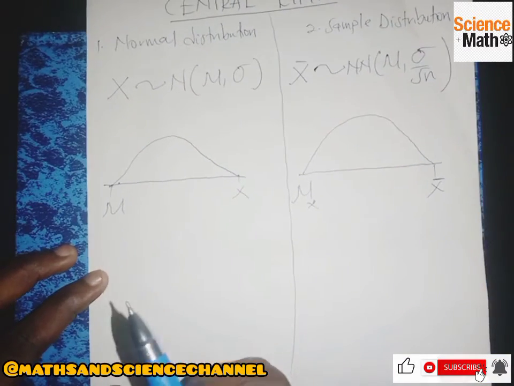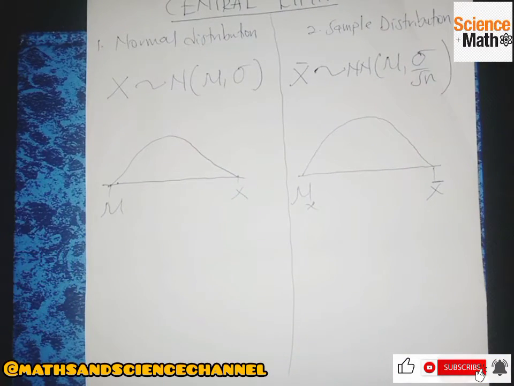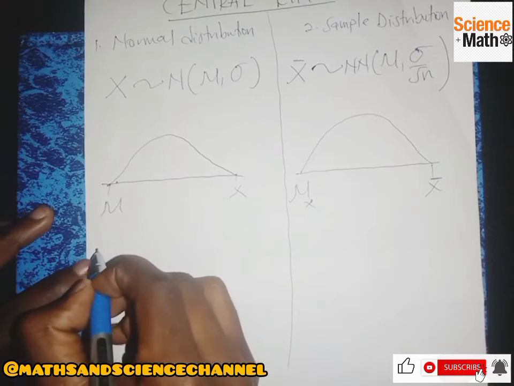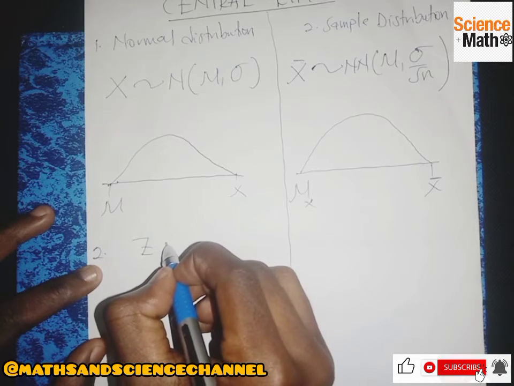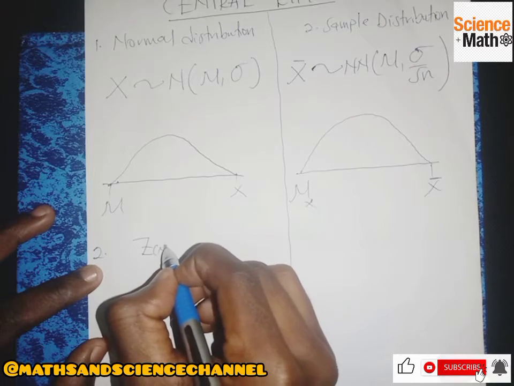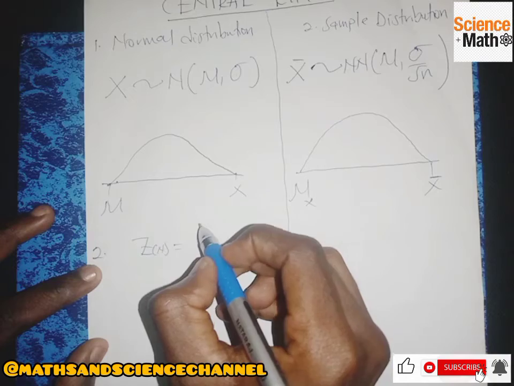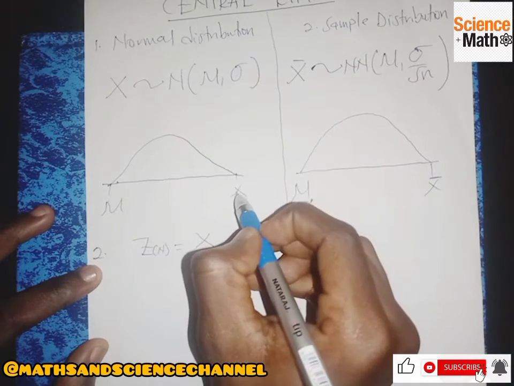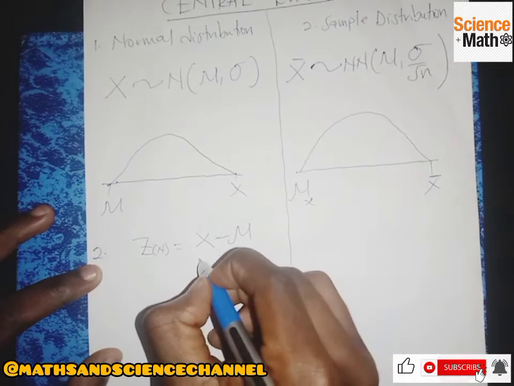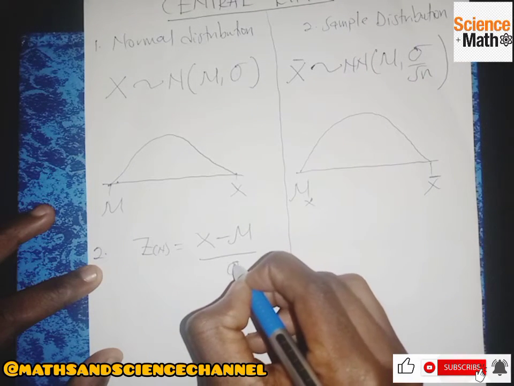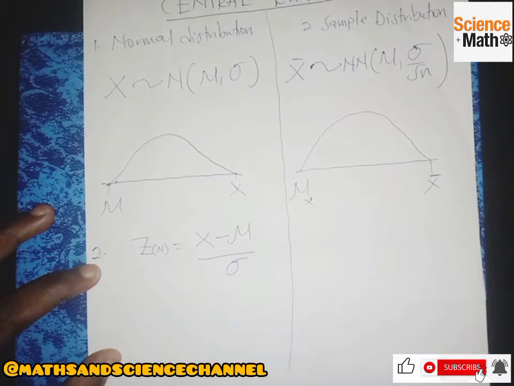Now another thing is that apart from this, we also have the z distribution, or the z-score. Under the normal distribution, the z-score is given by x minus mu divided by the standard deviation.